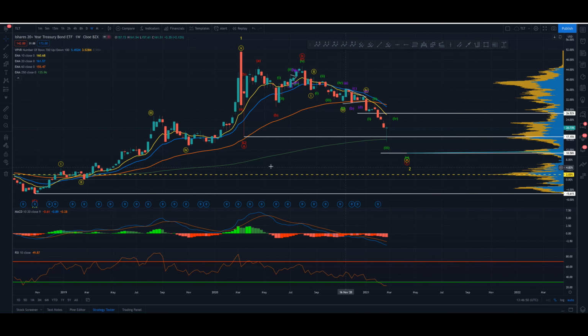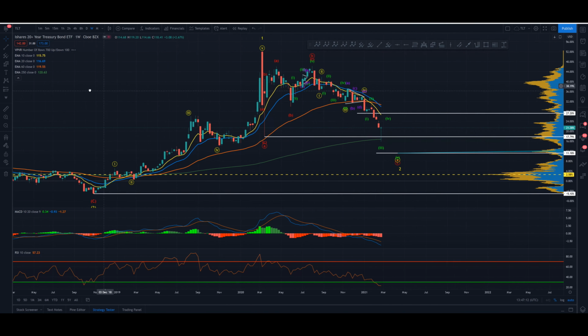It has a built-in point of control here, which is a yellow dashed line, which is essentially the greatest area of volume in that profile. We have a MACD set with a 10 for the short-term moving average, 20 for the long, and a 9 to smooth. And we have an RSI set to a 10 close with the green 30 level representing oversold conditions and the red 70 level representing overbought.